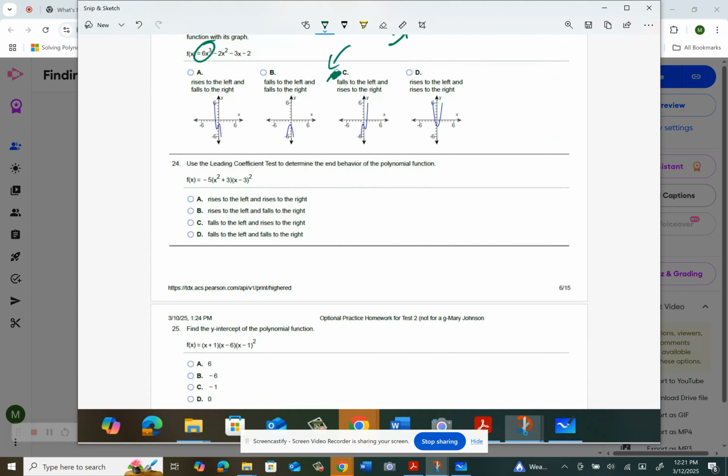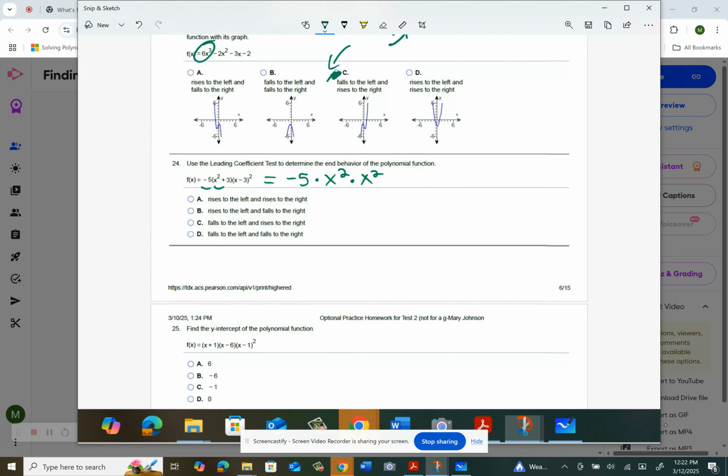Let's take a look at this one. This one can be a little bit harder because it's not in multiplied out form, so you have to at least work out the leading term. It would be determined by taking the negative 5, then the first factor times x squared, and then on that last one, remember what you've really got there is x minus 3 twice, so that's going to be another x squared.